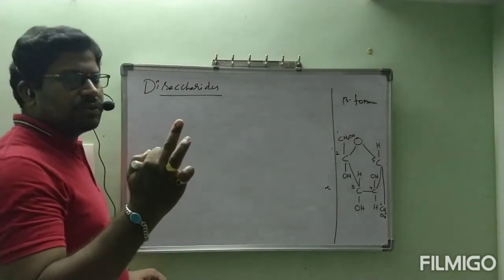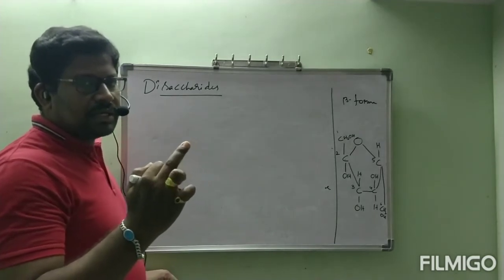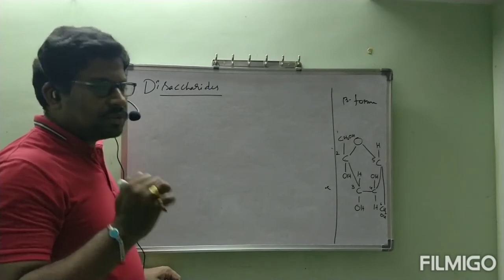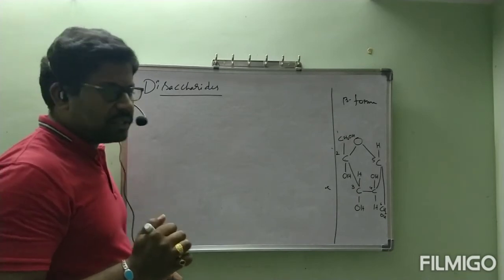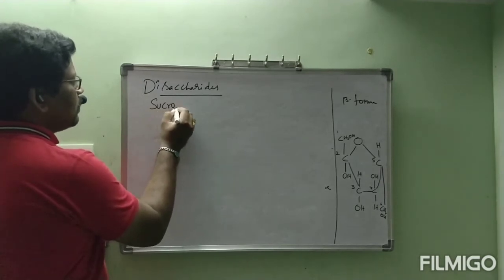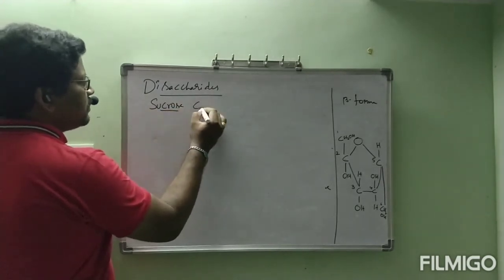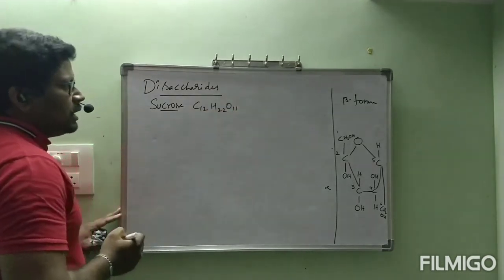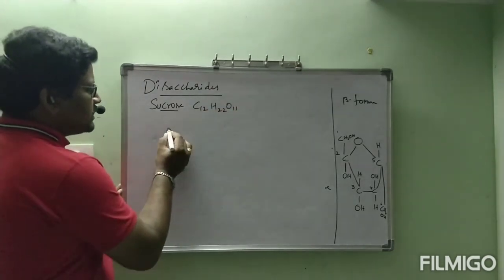Those are sucrose, maltose and lactose. Those 3 structures we have to see carefully. Now let us see sucrose first. Sucrose formula: C12H22O11.